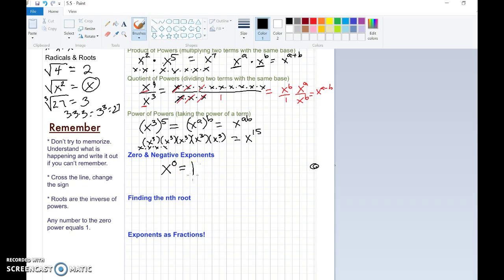Any number to the 0 power is equal to 1. Okay? And I've told you a little bit about negative exponents.